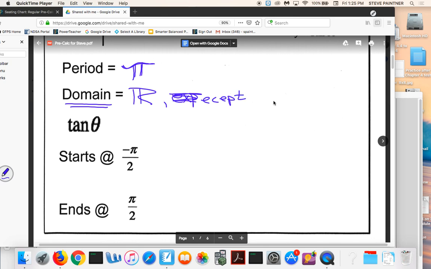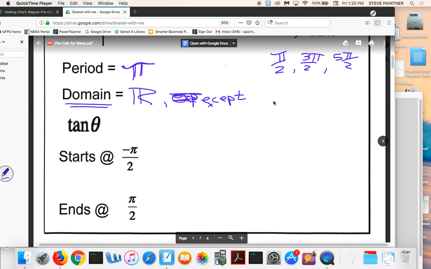90. Sometimes when you spell, do you ever spell an easy word and go, how come this doesn't look right? Except. Okay, anyways, except what? Pi over 2, negative pi over 2, 3 pi over 2.